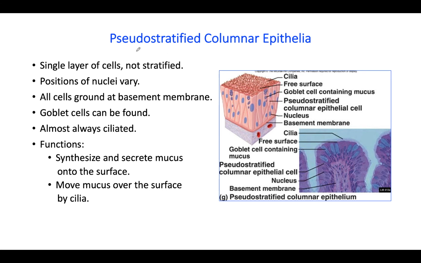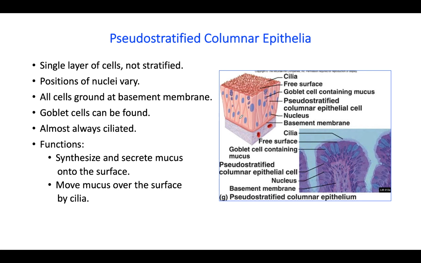Columnar epithelia again, but this time it is pseudostratified columnar epithelia. Still a single layer. I said pseudo means it looks like two or three layers, but it is actually a single layer of cells, not stratified. And the position of the nuclei varies. As I said, some cells are tall and thin and reach the free surface, and some other cells do not reach the surface.